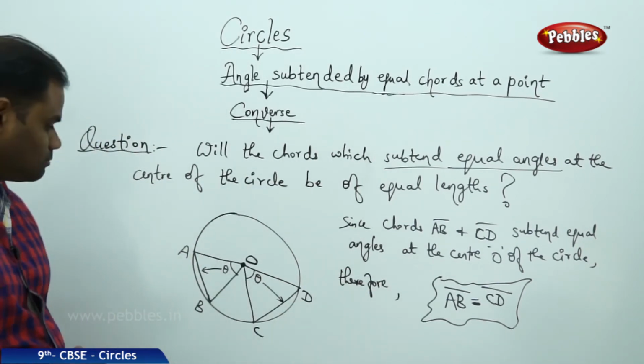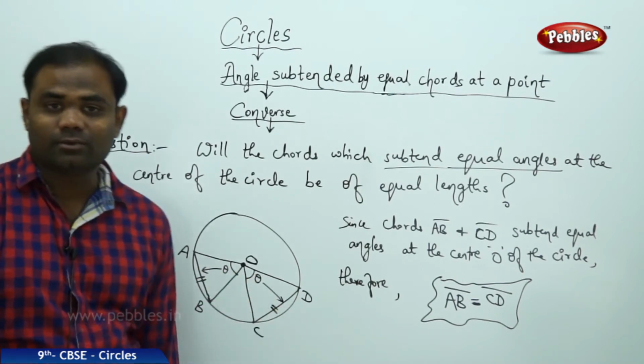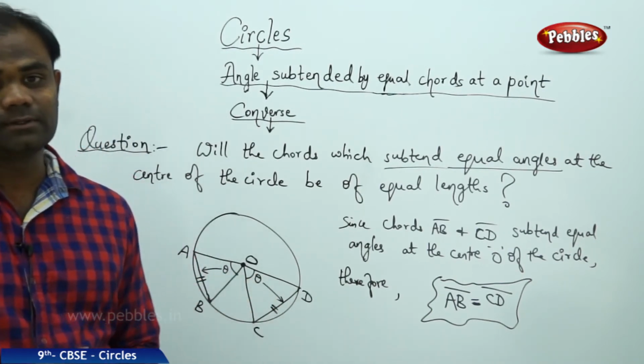The two chords must be of equal length, provided they subtend equal angles at the center of the circle.